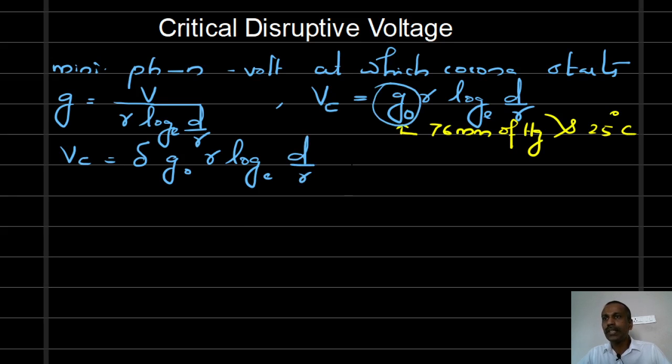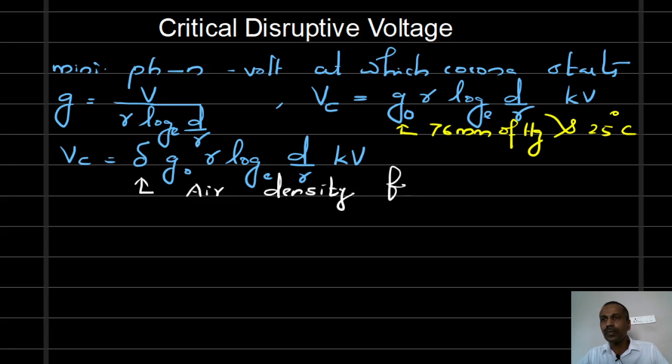If G0 is in kilovolt, this is also in kilovolt. Delta is the air density factor.